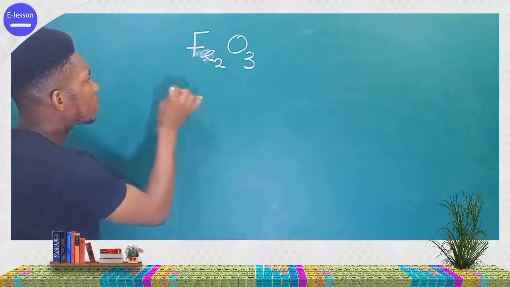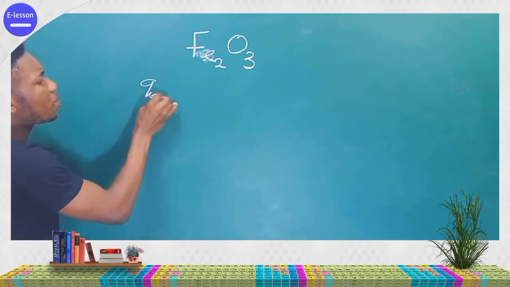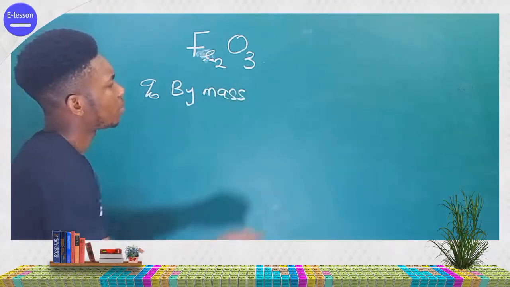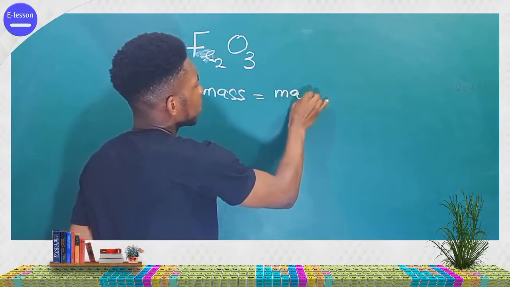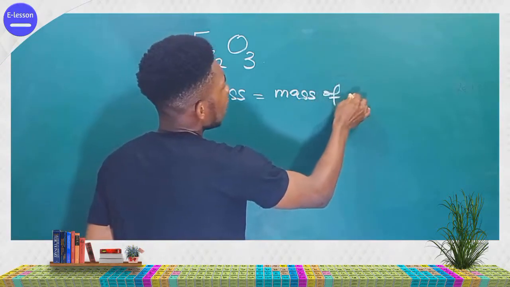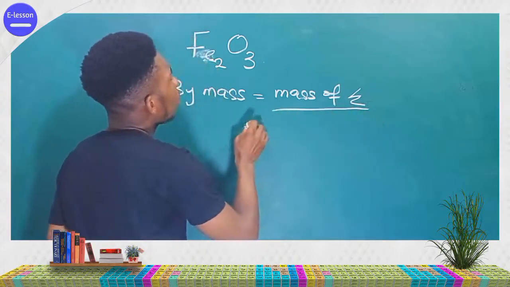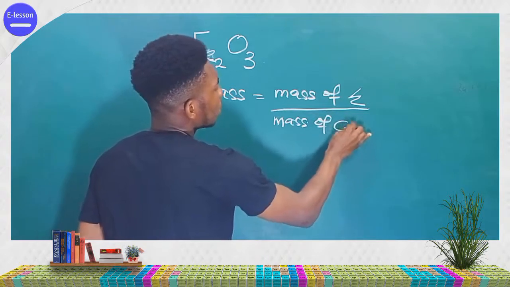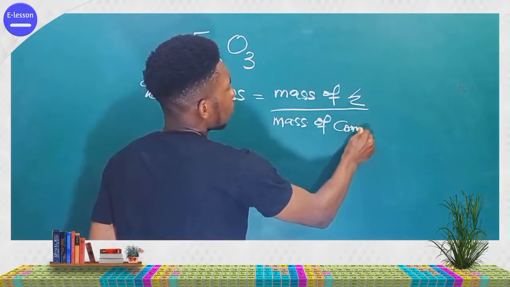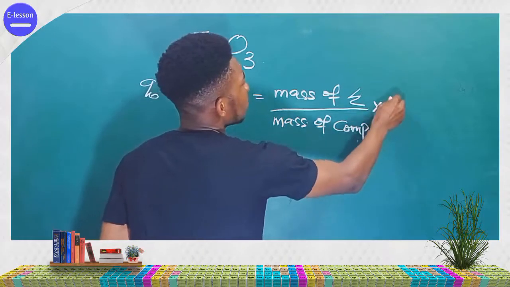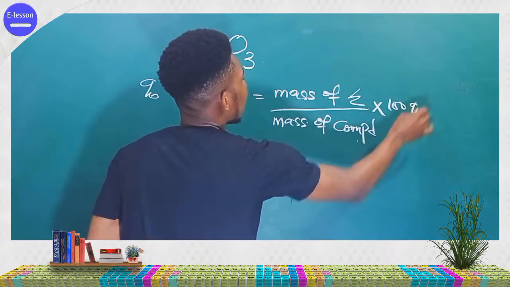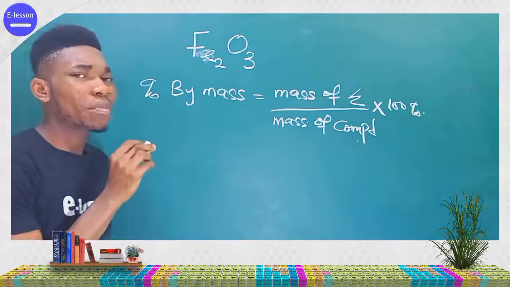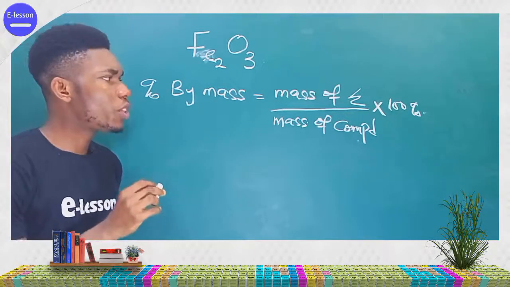Now, to calculate the percentage by mass, you use the formula: the mass of the element, let's use E, all over the mass of the compound, times 100%.